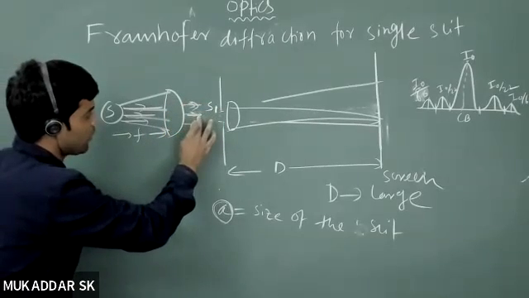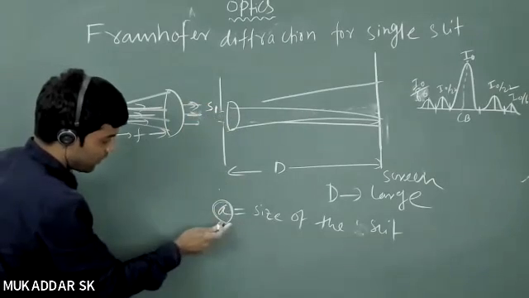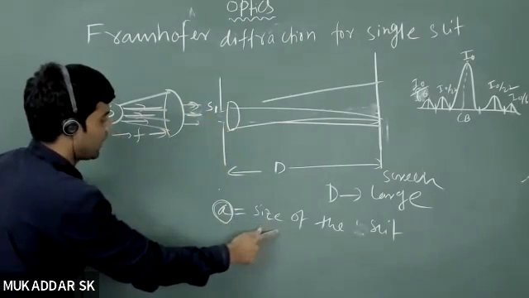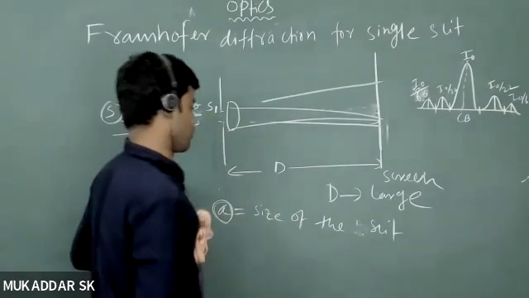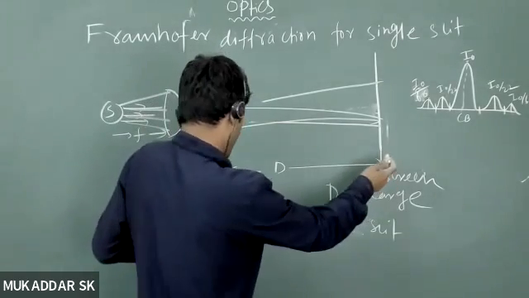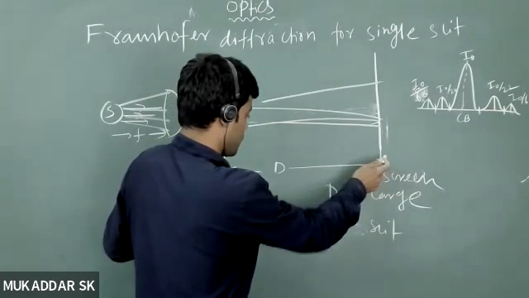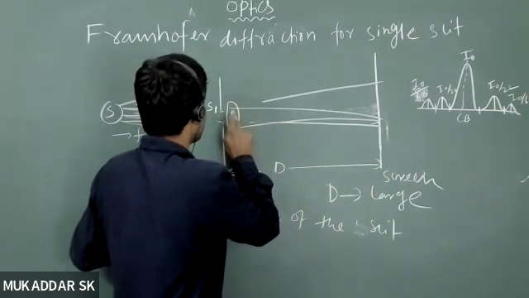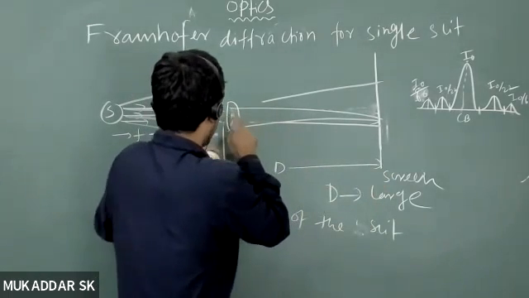अब ये जो रे पैरेलली पास हो रहा है स्लिट से. To make good diffraction pattern, the size of this slit should be small, and that should be of the order of wavelength of light. Okay. Also, to make good diffraction pattern, the distance between source and screen, that should be large. D should be large, and you have to keep a convex lens in front of slit S1. Okay. Why?